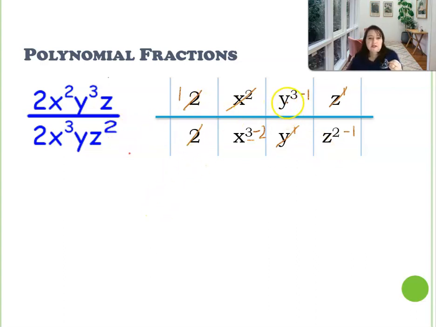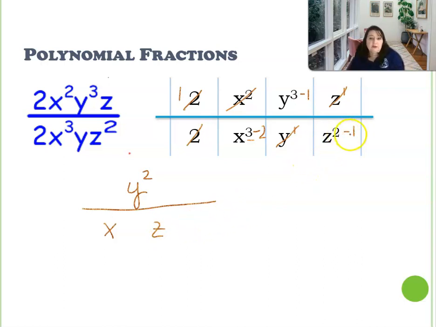So I just now have to go in here and say y, and then I can put my y in my numerator, and I'm going to go 3 minus 2. Or sorry, 3 minus 1, that's 2 by the way. It's giving the answer. One of those days. So then I go here and I know I am going to have an x and a z in my denominator. So 3 minus 2 is 1 and 2 minus 1 is 1, so I don't have to put an exponent there.